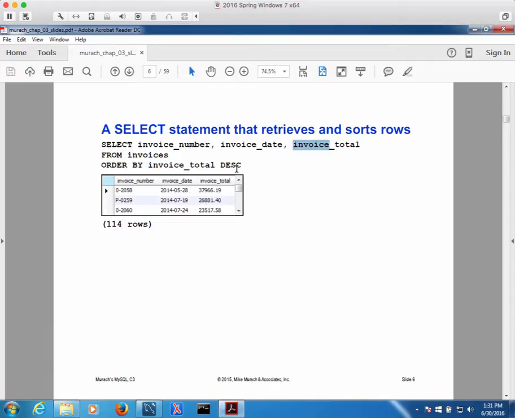So if you want them in descending order, then you need to say that explicitly. So DESC is descending. There is an ASC for ascending, but that's the default anyway, and we don't really have to do it.